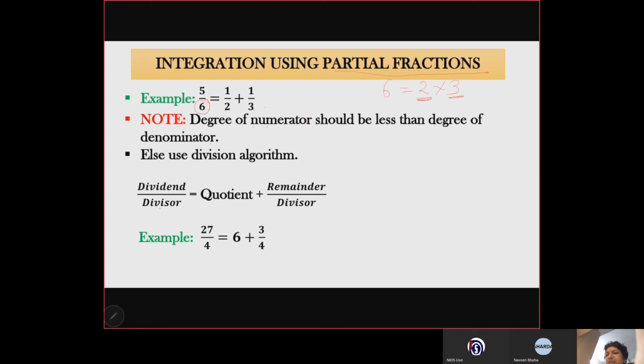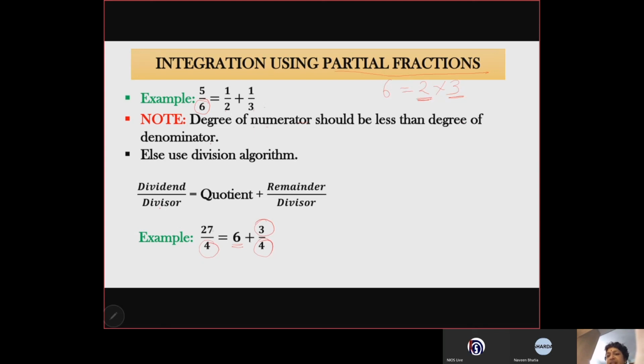I mean, these terms might seem confusing. What I'm trying to say is, suppose I have to divide 27 by 4. So I know that 6 4s are 24 and the remainder is 3. So the quotient is 6 plus remainder 3 upon divisor 4.